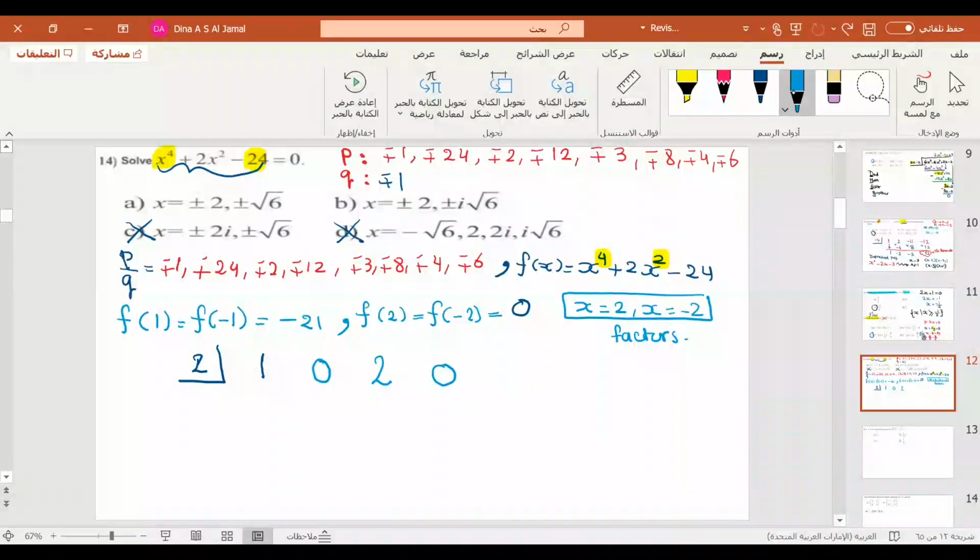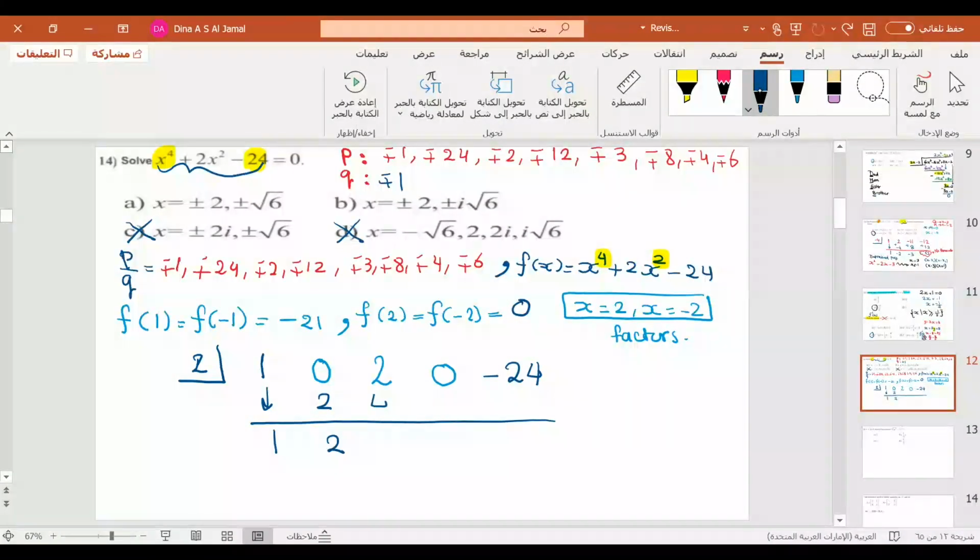No, that means it is 0. Then lastly, the constant, minus 24. Get it down, multiply, add, multiply, add, multiply, and add, multiply, and you will be getting 0, which will prove that yes, it is a factor.